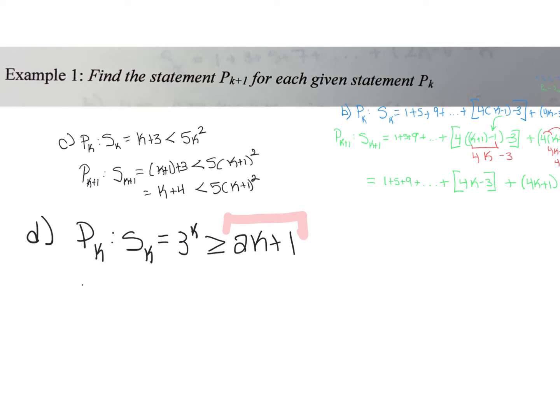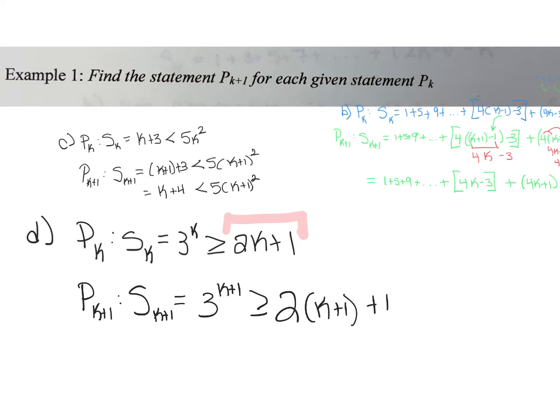Okay, so if I want to find P sub k plus 1, S sub k plus 1 is going to equal 3 to the k plus 1 is greater than or equal to 2 times k plus 1 plus 1. A little bit of algebra.